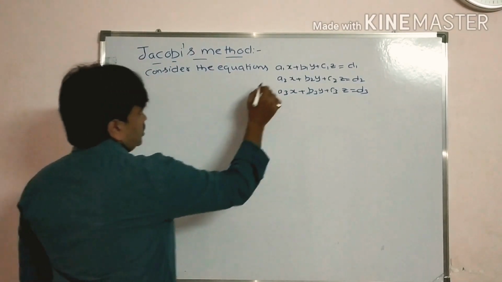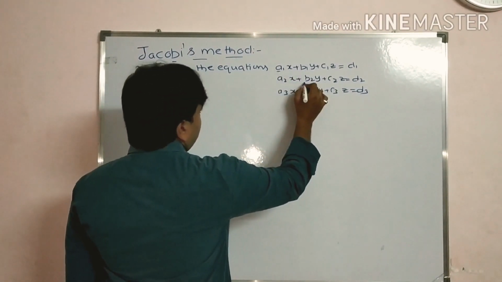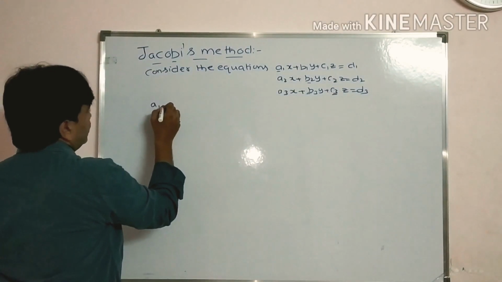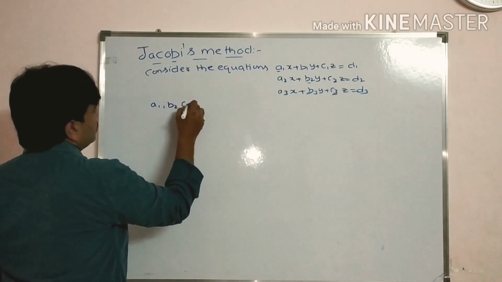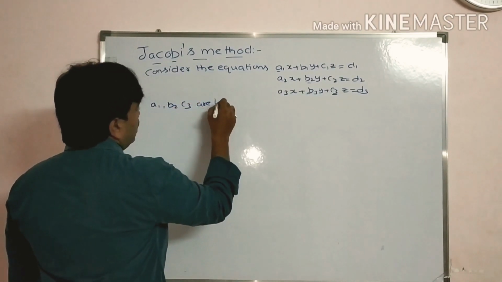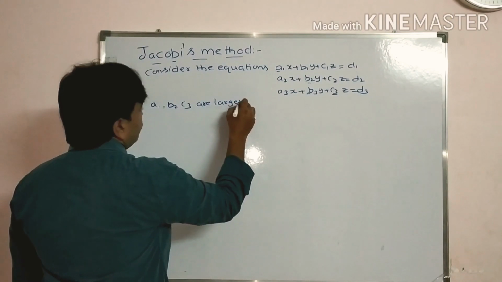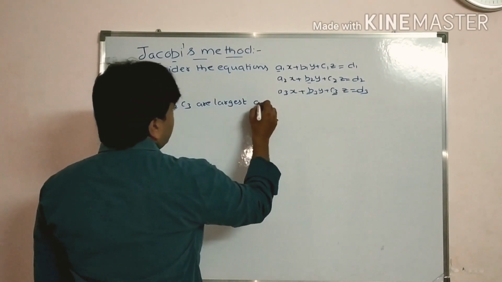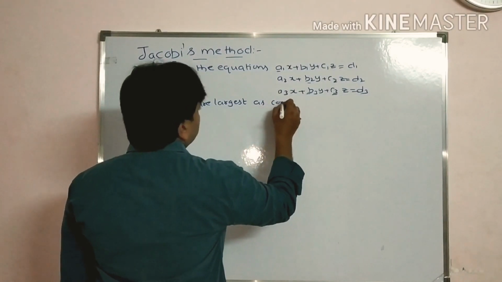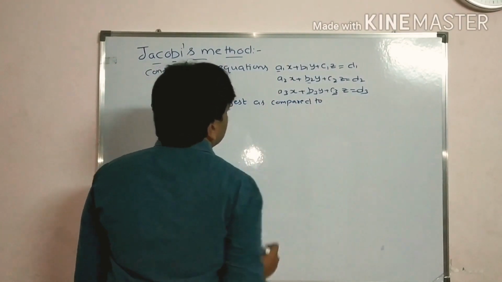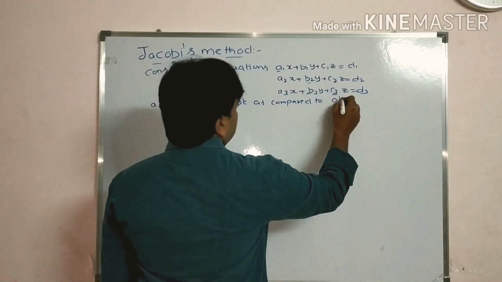the diagonal elements, students. What are the diagonal elements here? A1, B2, C3 are the largest as compared to the other coefficients.